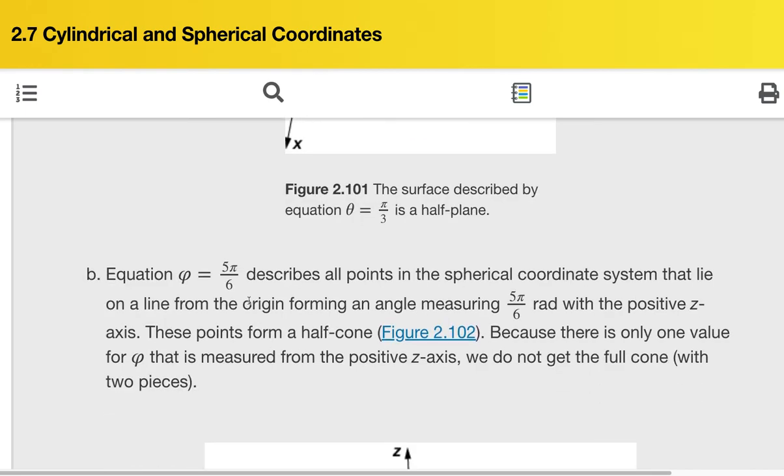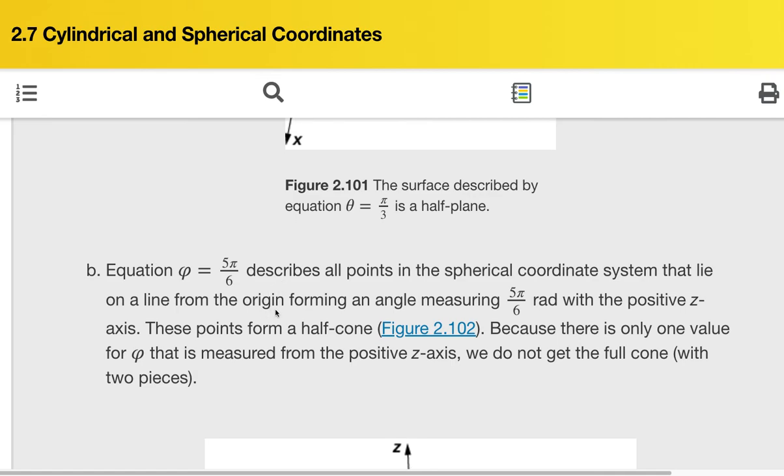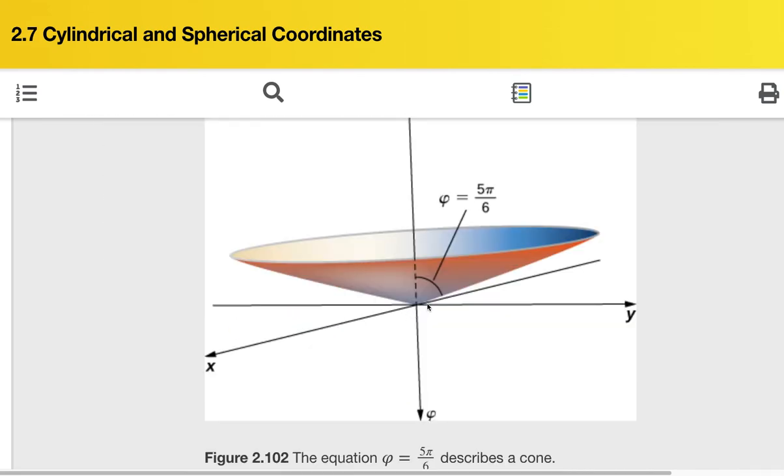How about the equation phi equals 5 pi over 6? They are all from spherical coordinates. Theta equals pi over 3 is a plane. Would you imagine phi equals 5 pi over 6 is another plane? If you think that's another plane, then pay attention and take a look at how the graph would look.